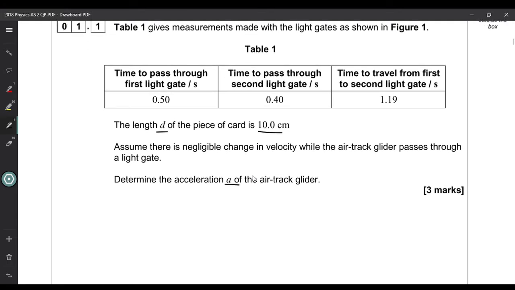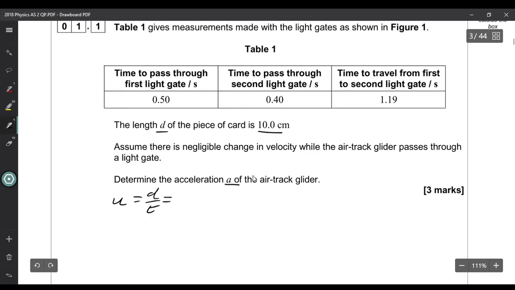So the first thing we need to do is work out the initial and final velocities, because we want to find acceleration. We're given a time that it's taken to travel, but what we don't know at the moment is the initial and final velocities. So to work out this, we can work out u, and remember, velocity is distance over time.